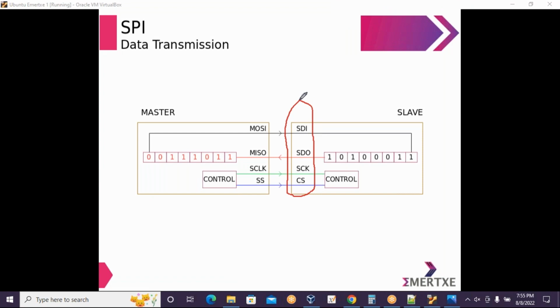Now let me tell you what these SDI, SDO, SCK and CS are. These four are the names which are given by the slave manufacturer.